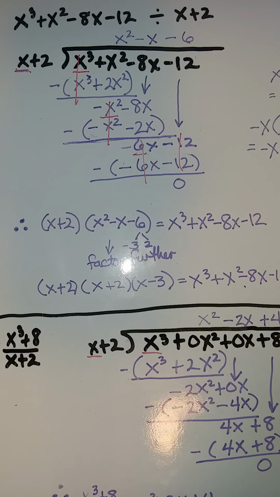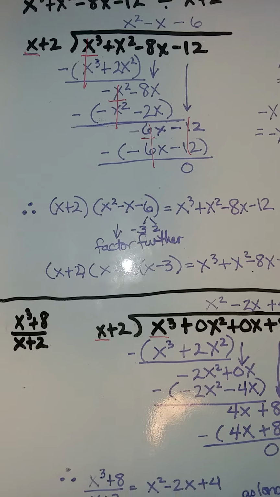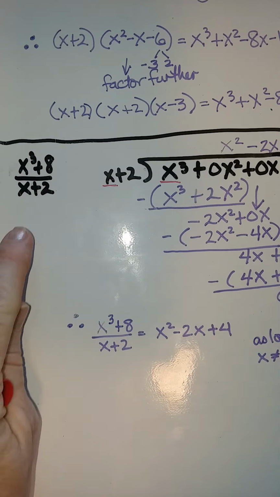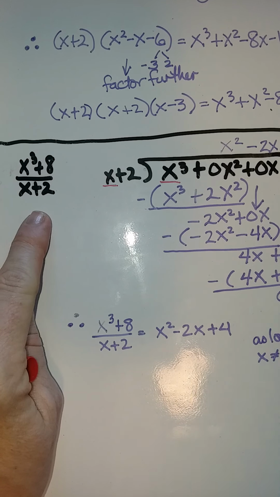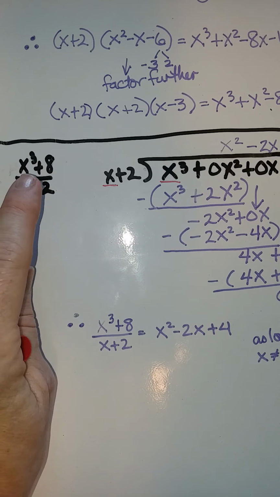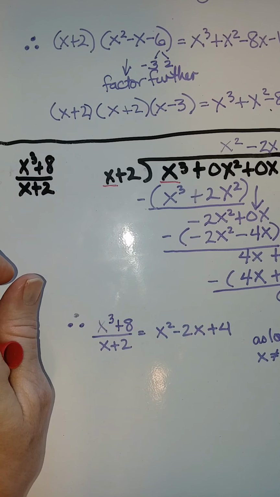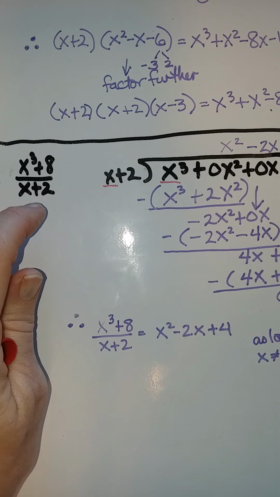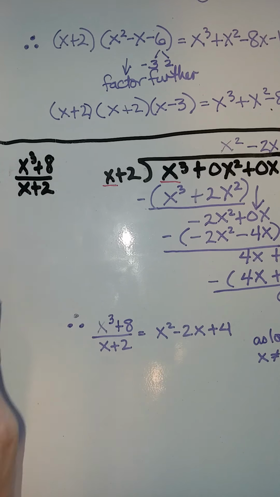Okay. But sometimes you're going to be given something that looks like this. And we understand that a fraction is a division problem. But we also see that I'm missing some of my degrees. I'm missing x to the second and x to the first. Well, let's see if we can divide this number by that number.